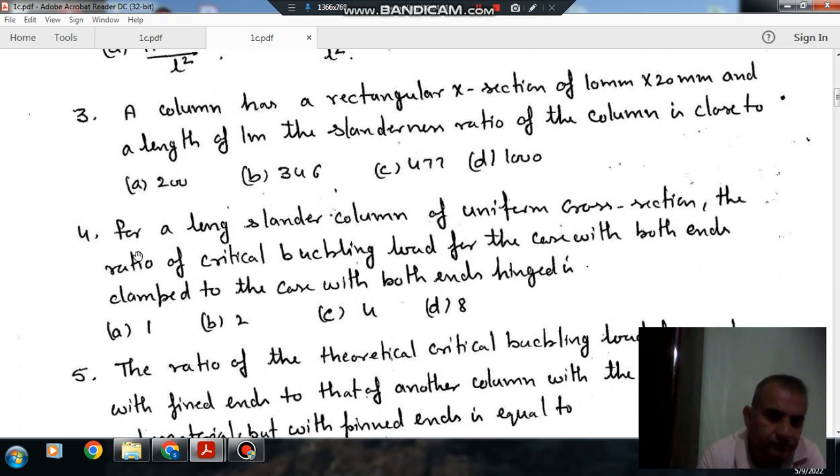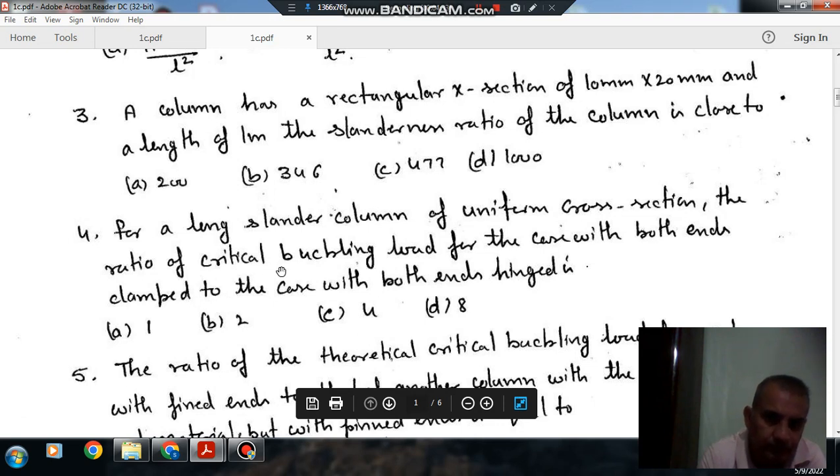Next, for a long slender column of uniform cross section, the ratio of critical buckling load for the case with both ends clamped to the case with both ends hinged is: option A 1, option B 2, option C 4, and option D 8.